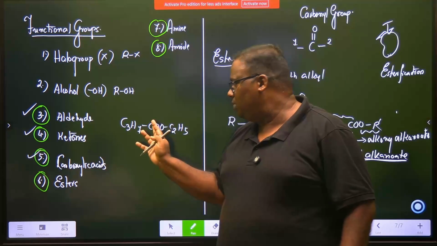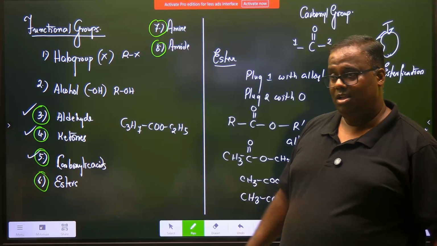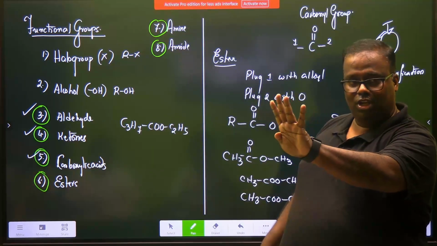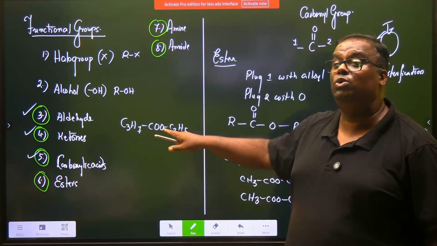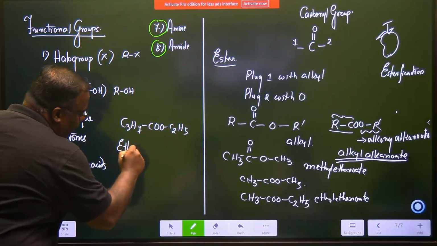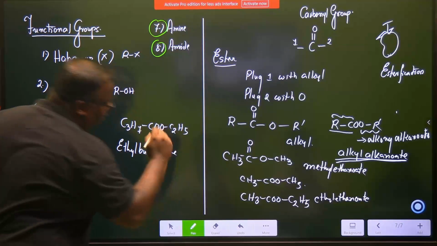Who has attached with the COO group? Propyl. But you have to count this carbon also, so we have 4 carbons. What should be the name? Butanoate. So this compound will be ethyl butanoate. Is it that difficult?